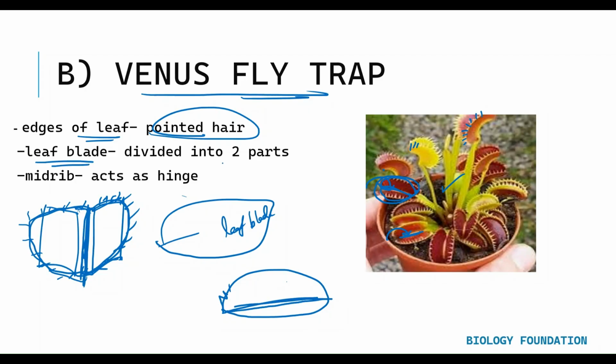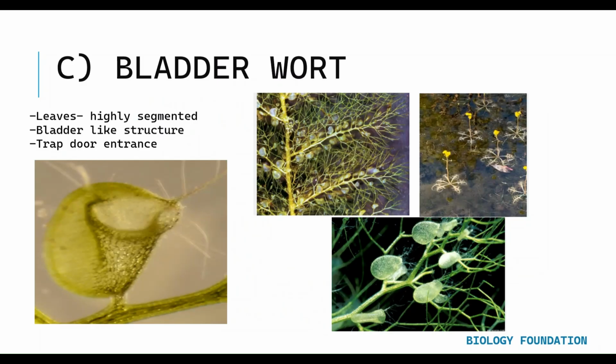The leaf blade is divided into two parts, and the midrib acts like a connecting structure. This is the hinge. In Venus flytrap, again, the same mechanism. Inside, you have digestive juices. When an insect lands, it gets trapped, and the insect is digested to get the nitrogen source. Next is bladderwort.